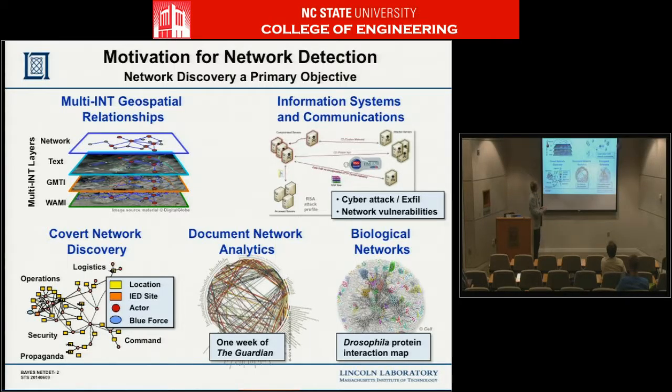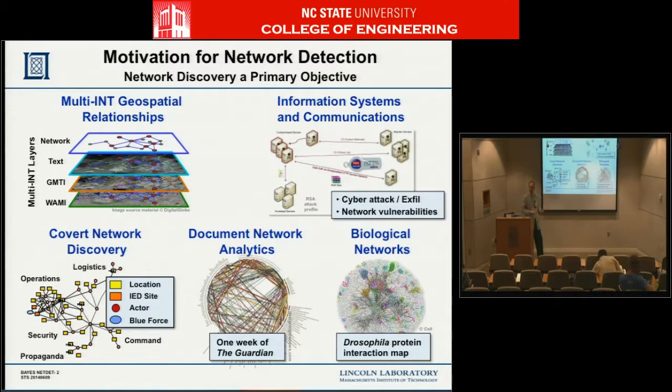The motivation for this problem is that it exists in many diverse application areas. There's figuring out if you have a whole bunch of different connections that you can measure through a variety of sensors, wide area motion imagery, text. You can integrate a network in communication networks, which by their very nature are networked together.